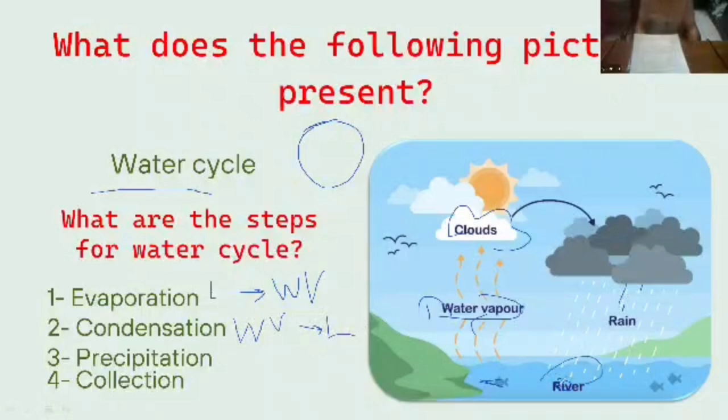And then collection is when it collects together in the river again. Right? So let's say the water cycle: evaporation, condensation, precipitation, and collection.